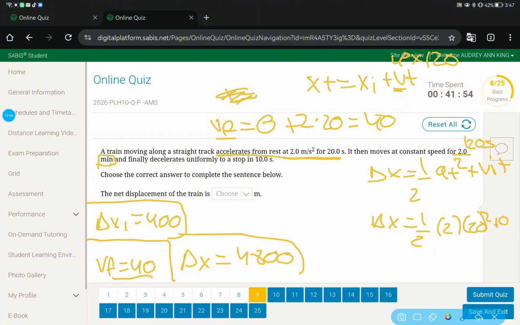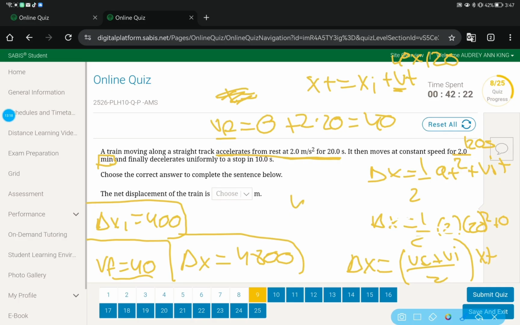And now the last step after all of this is to get the final displacement. You're going to do just a simple formula: displacement equals vf plus vi over 2 times time.